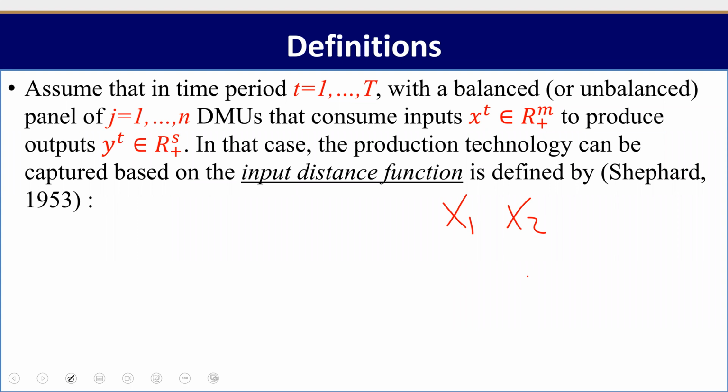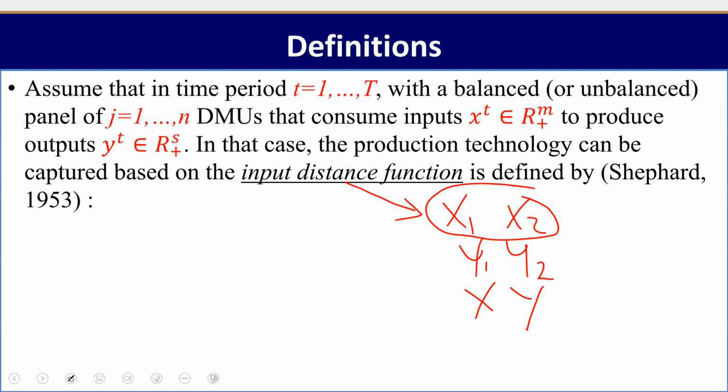That is one way you can look at the production technology. Another way is you can have Y1 and then Y2 definition. And you can have X and then Y definition of the production technology. The one we are looking at is this one, the X1 and the X2. That is why we are talking about input distance function.